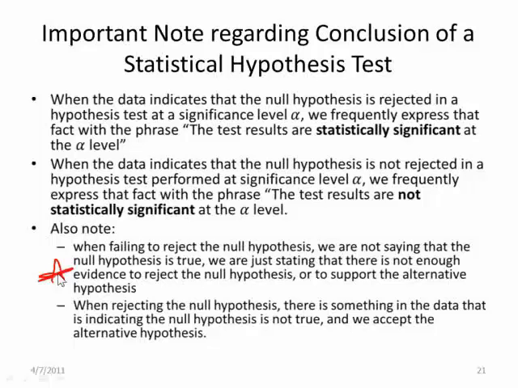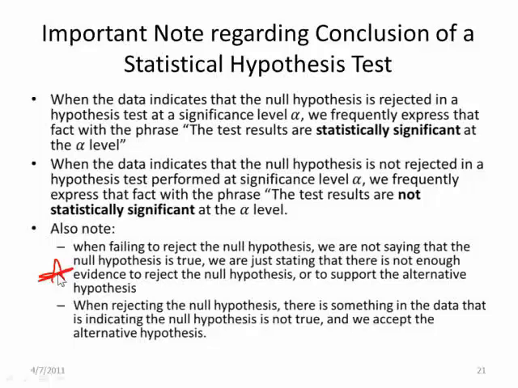When you fail to reject the null hypothesis, you are not concluding that the null hypothesis must be true. All you can conclude when you fail to reject the null hypothesis is there is not enough evidence to reject the null hypothesis. That's all you can say.